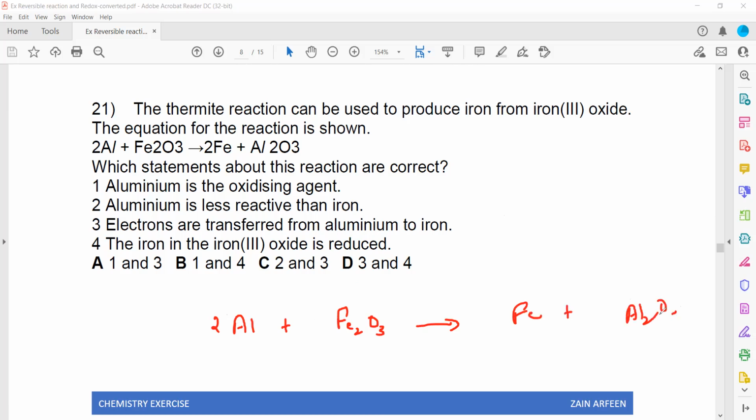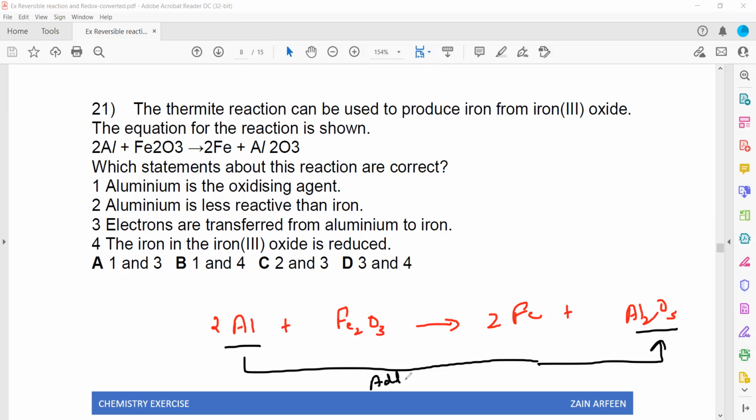plus aluminum oxide. When oxygen is involved, we can use the oxygen to work out whether it is oxidation or reduction. First it is aluminum and then it turned into aluminum oxide. So if aluminum turned into aluminum oxide, it means there is an addition of oxygen, and whenever there is an addition of oxygen, we call this change oxidation. The substance which is oxidized is a reducing agent.